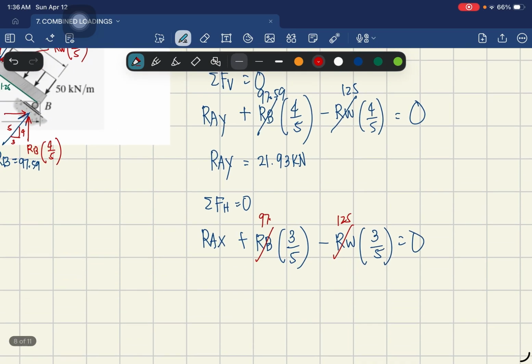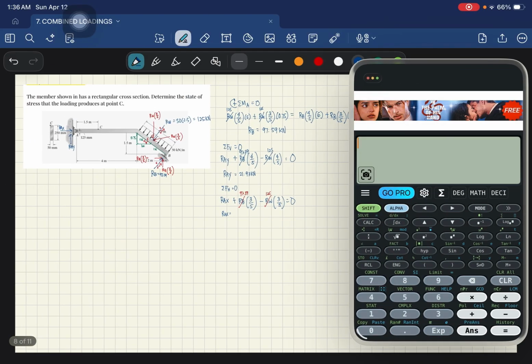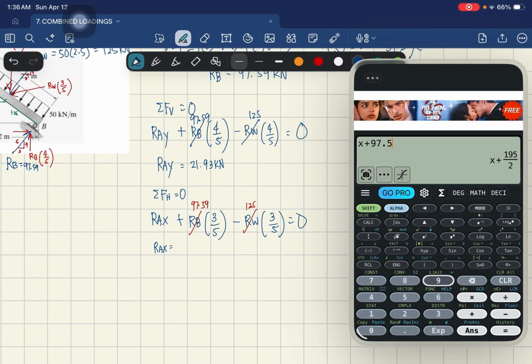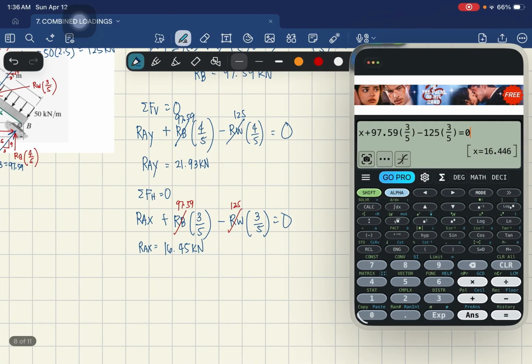Ito is 97.59. So, yung value ng RAX natin is equal to plus 97.59 times 3/5 minus 125 times 3/5. So yung nakuha natin is 16.45 kilonewton.